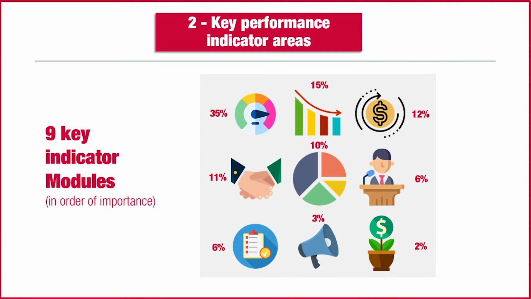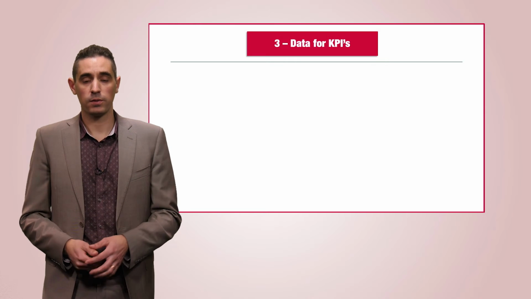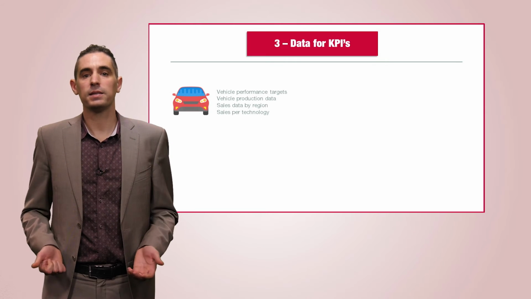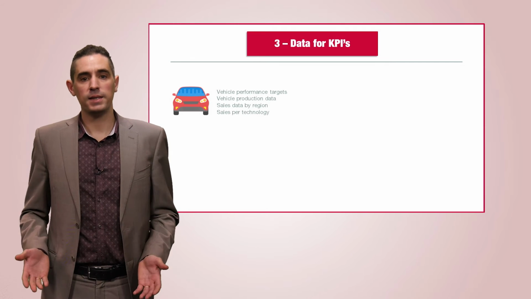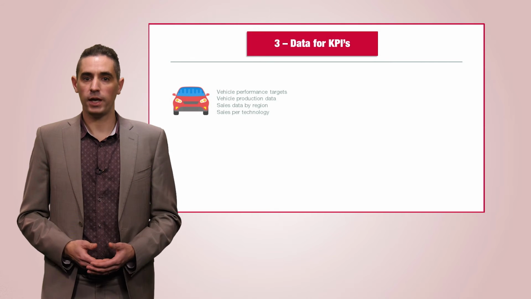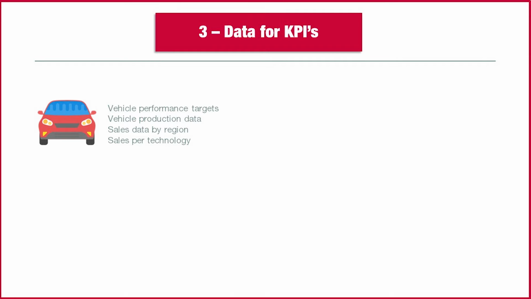performance rating. Data collected for the auto sector performance assessment comprise, first, target in terms of passenger vehicles and light-duty vehicles. Data on the production of passenger vehicles and light-duty vehicles, number of years. Breakdown of sales per region and carbon intensity of these sales. Breakdown of sales per technology per class of vehicle.